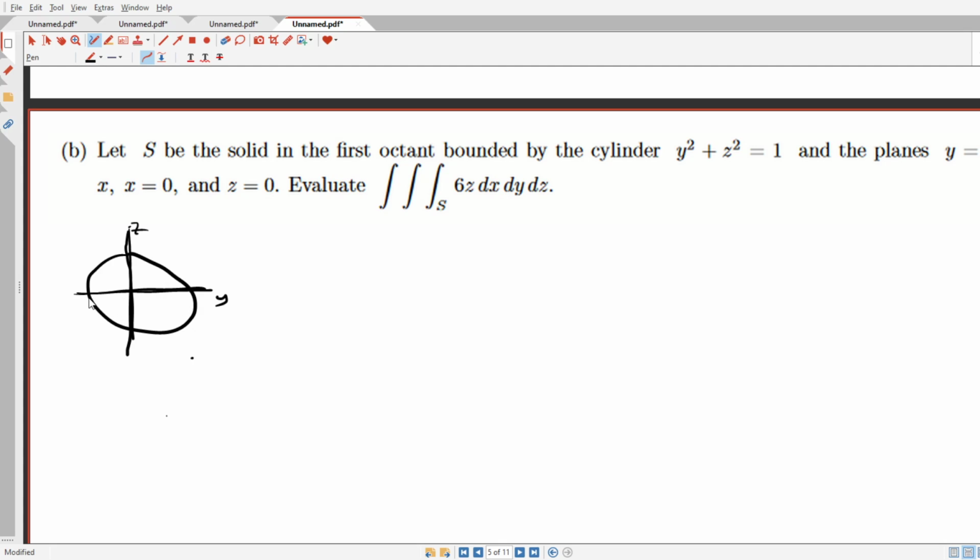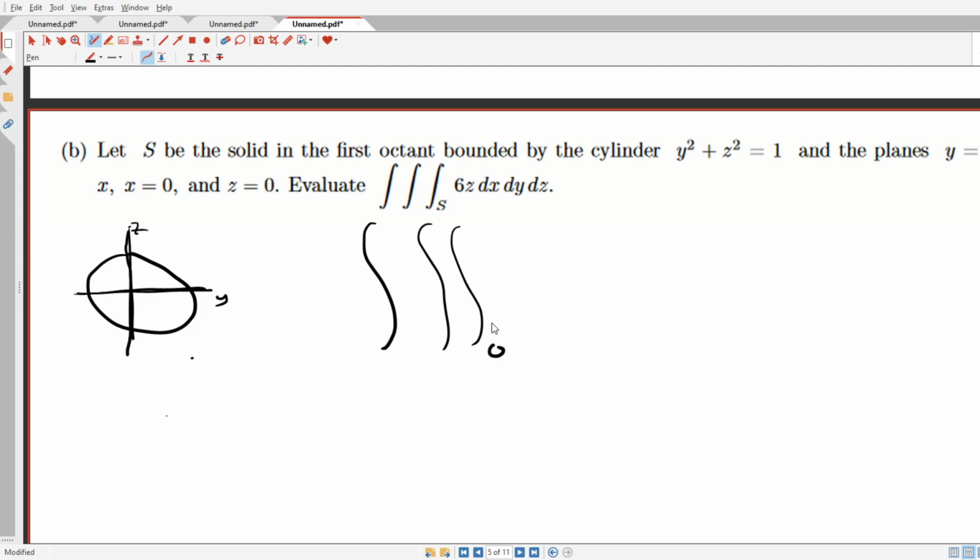Z equals 0 is the xy plane, so that's going to be the top half of this cylinder. We have a cylinder coming up out of the page, and x equals 0 is the bottom. How high up does it go? It goes up to x equals y. Oh, I see. Okay, so I'll do the part that I can't see first. I know that x comes up out of the page.